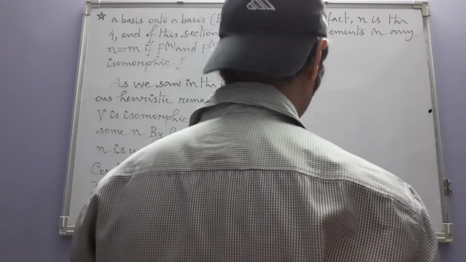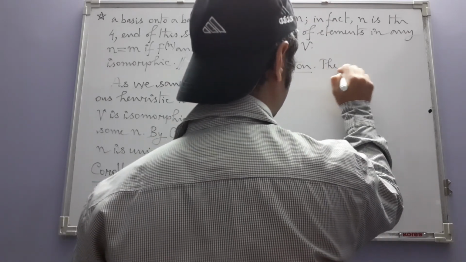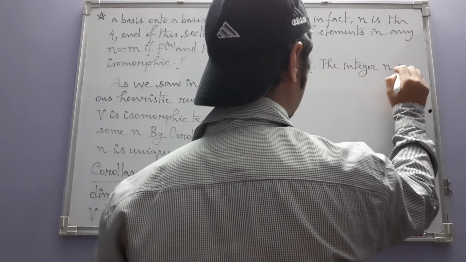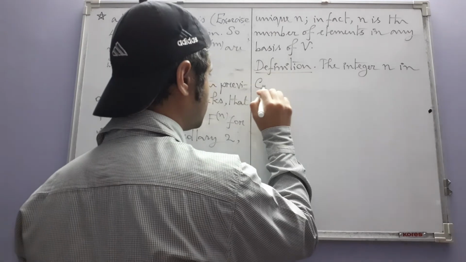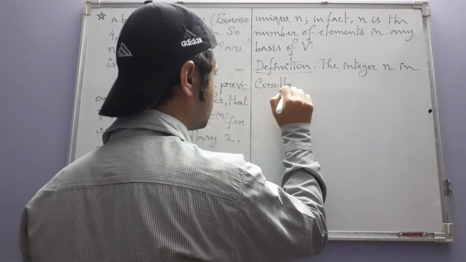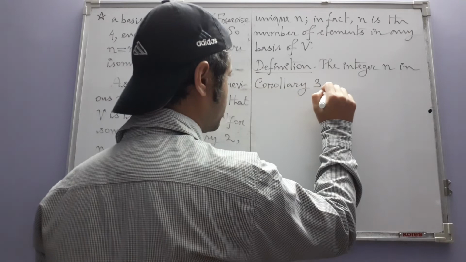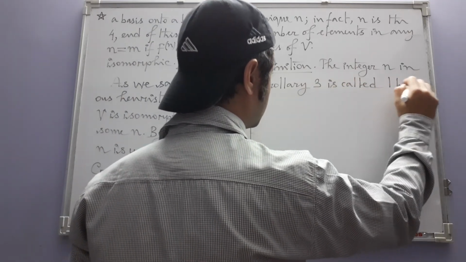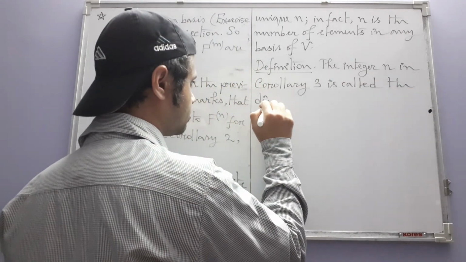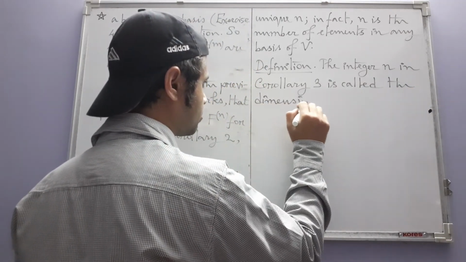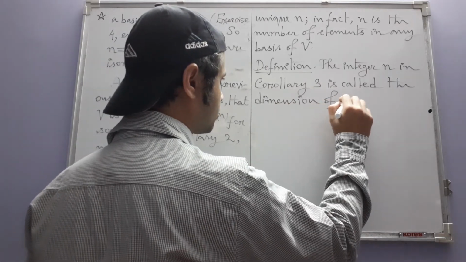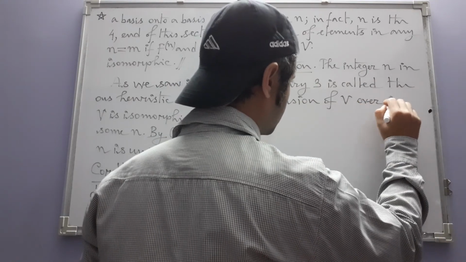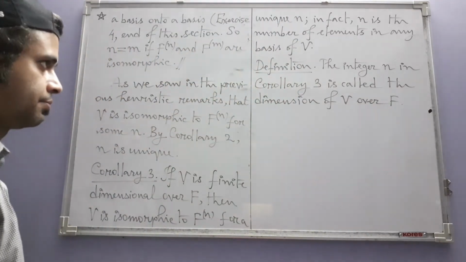The integer n in corollary 3 is called the dimension of V over F. Okay.